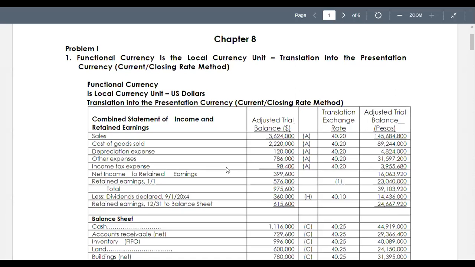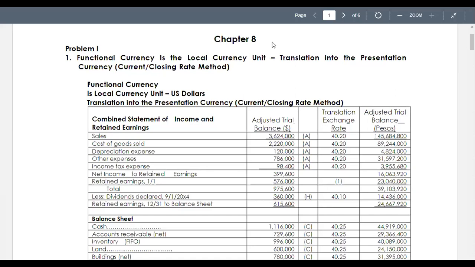In most cases, you have to use the translated figure from the previous year's financial statements. So in other words, if your retained earnings is an accumulation of 2 or more years, for the current year your beginning retained earnings, you have to use the balance at the end of the previous year.